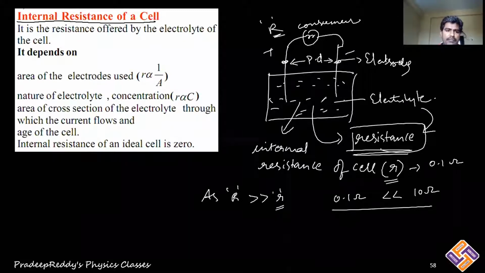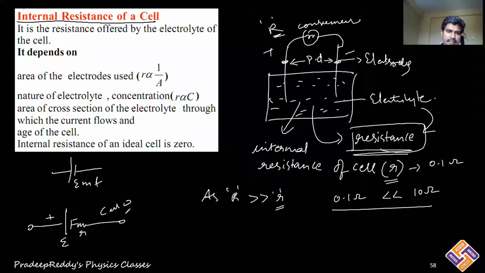So generally, this is a cell which has some EMF. And if a cell has some internal resistance, then it will be denoted like this, small r, and this has some EMF E. One is the positive terminal and the other one is the negative terminal. So this is the way a cell with internal resistance is denoted.